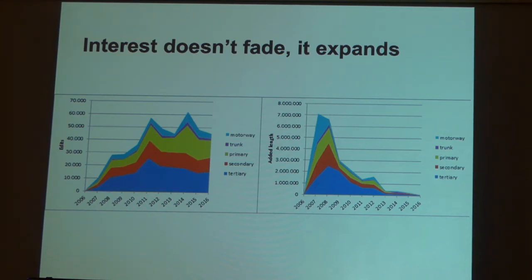On the left-hand side, you can see the amount of work being done on those same roads. So even though there were no new roads to be added anymore, people were working more and more on those roads because they were adding ever more tiny details. Of course, names, maximum speeds, but now we do number of lane mapping, different types of boulders that can be in the way, different kinds of barriers. There's a lot of things we find interesting.